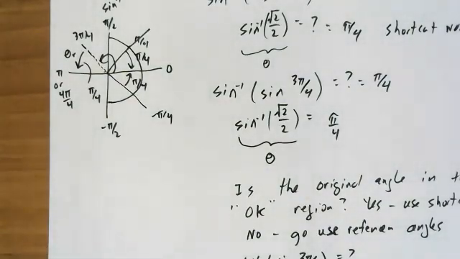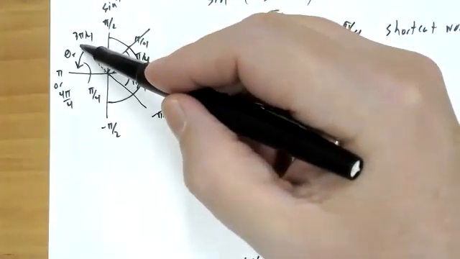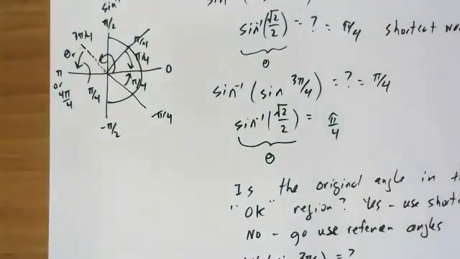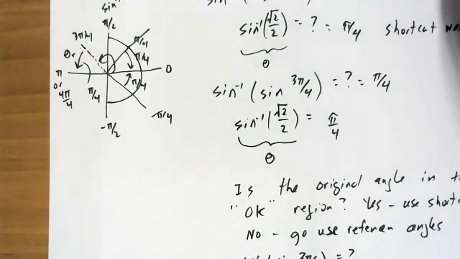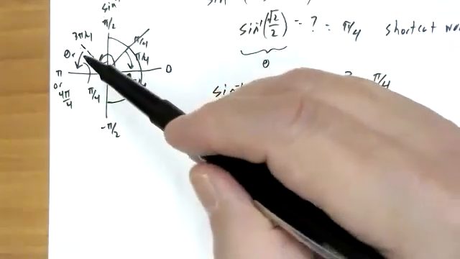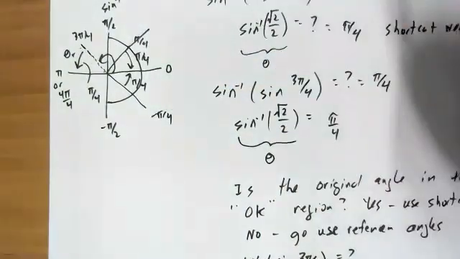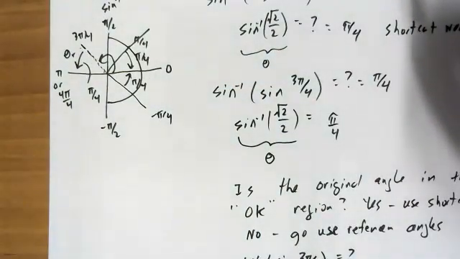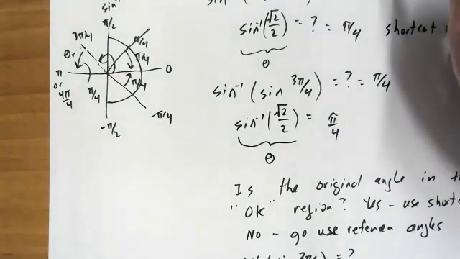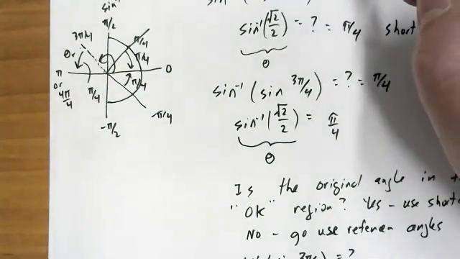Now, if you remember, the reason why we're using reference angles is because, from way back, we talked about how, when you take the trig function of a reference angle, they all have the same number result. The only difference might be whether it's plus or minus. So all three of these angles, the trig function is going to be the same number.